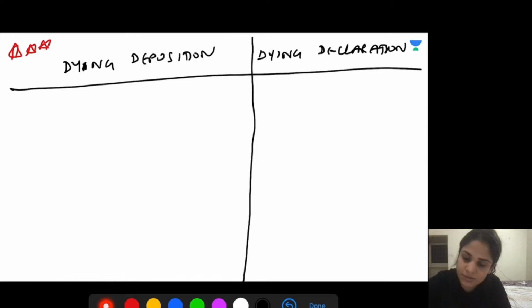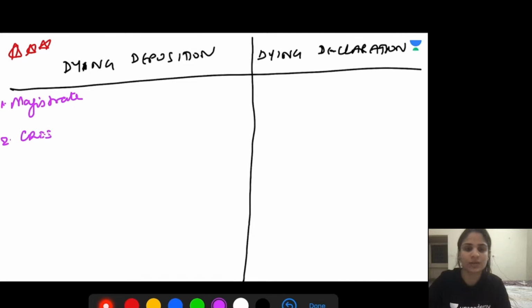Is the magistrate present in a dying deposition or in a dying declaration? Second, what about cross examination? In deposition or in declaration, in which one can you cross examine and ask questions to the person who is almost dying? Then which one is valid in court, deposition or declaration?